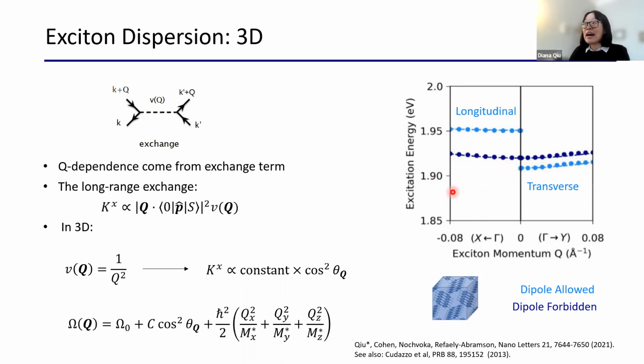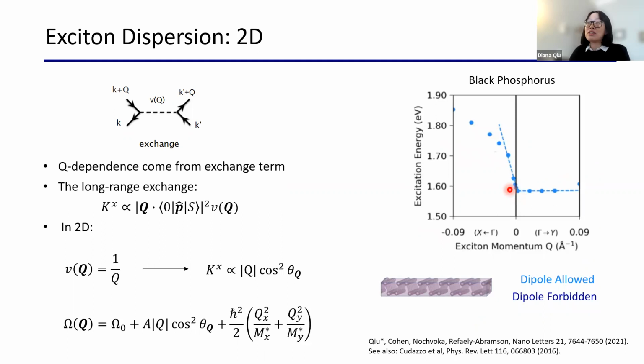But for the dipole allowed states, when the momentum is parallel to the dipole, this exchange term is constant and non-zero, giving you this higher energy longitudinal exciton band. But when the momentum is perpendicular to the dipole, this exchange term is 0, giving you this transverse lower energy exciton band. So this gives you this well-established energy splitting of the longitudinal and transverse exciton states with a jump discontinuity at the gamma point.